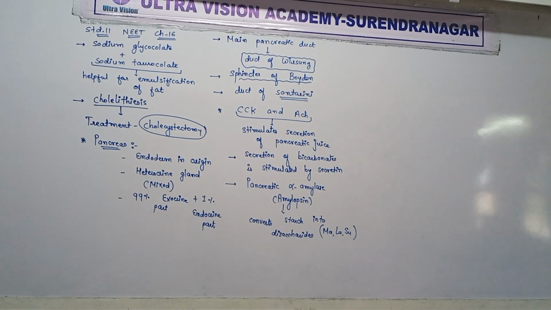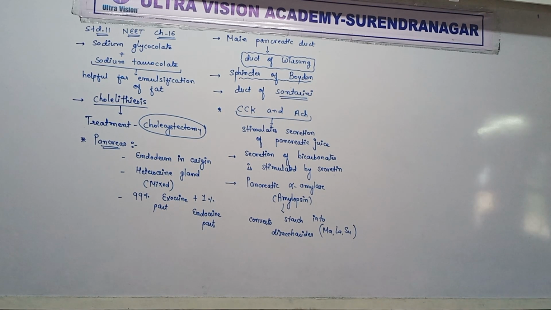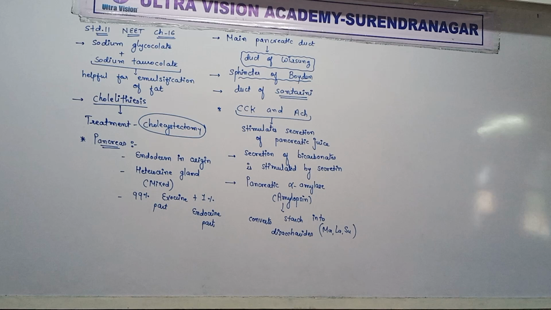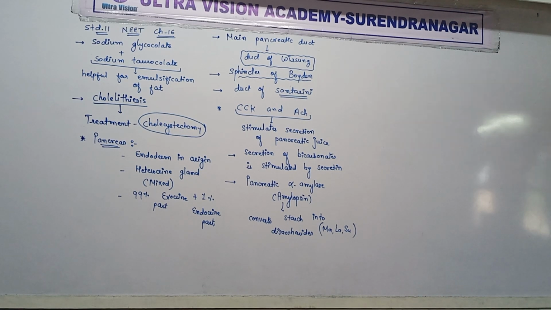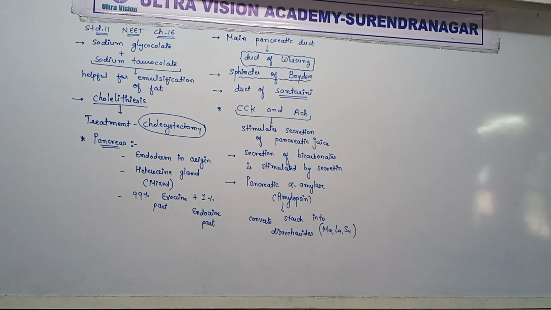Pancreatic alpha amylase, known as amylopsin, converts starch into disaccharides, maltose, lactose and sucrose. The majority of starch is broken up here in the duodenum.